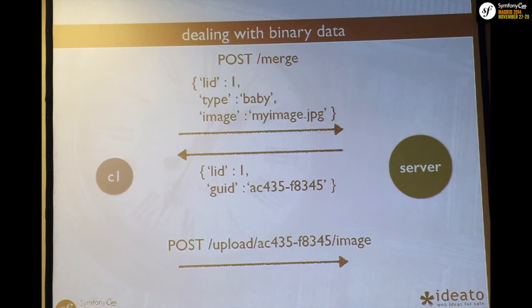After that, in a second moment, we try to upload the image by specifying the resource identifier, in particular its global unique identifier, and then upload the data as binary data. And basically, that's it.